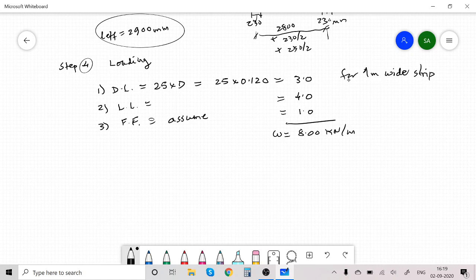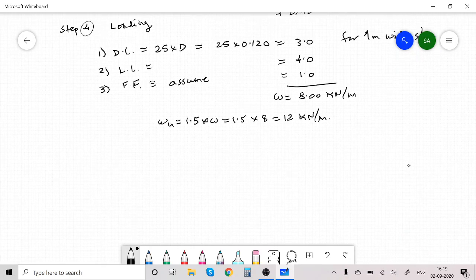Then factored load WU is equal to partial safety factor 1.5 into W, that is 1.5 into 8, that is equal to 12 kilonewton per meter. This is the factored UDL acting on the slab.